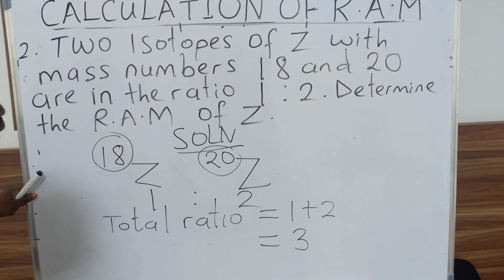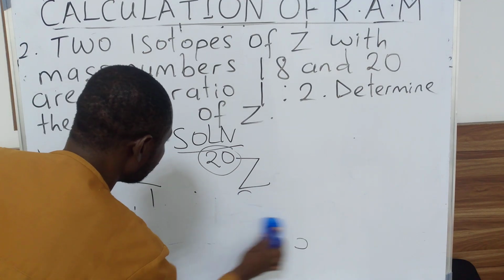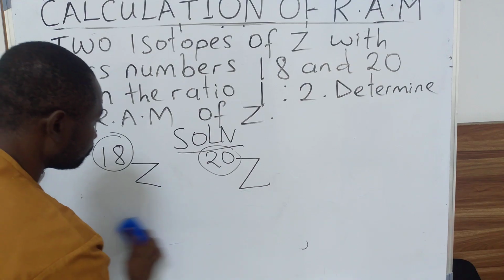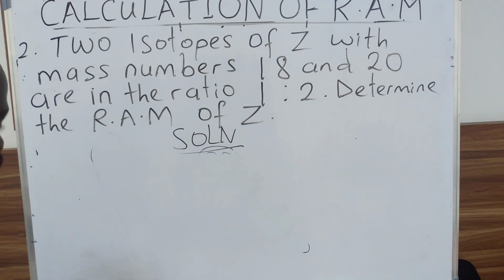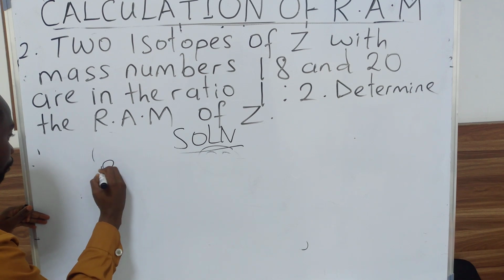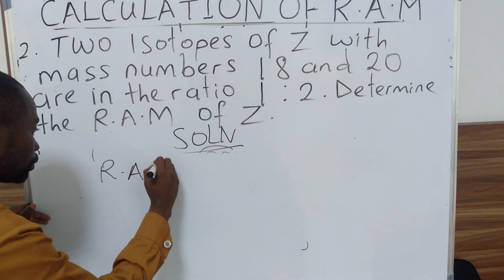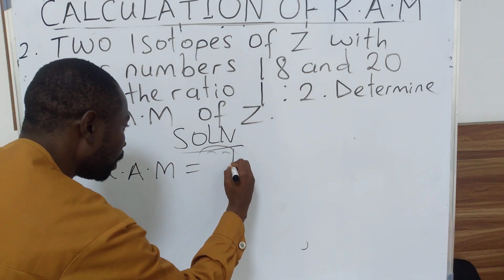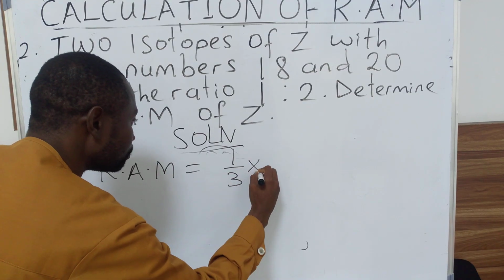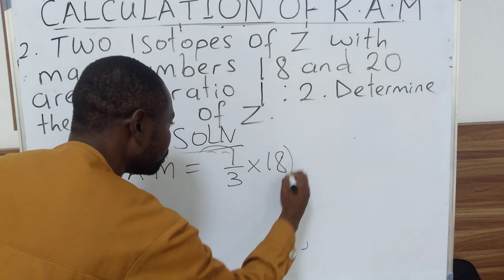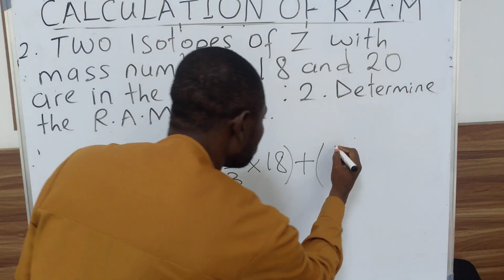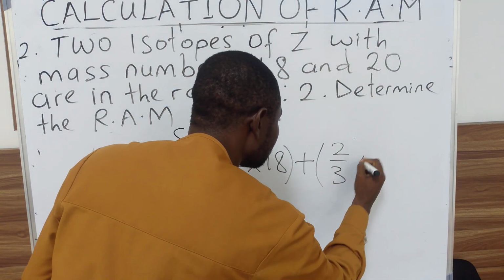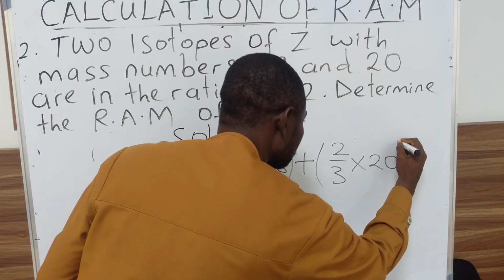So to finish it up, relative atomic mass is equal to 1 over 3 times 18 plus 2 over 3 times 20.